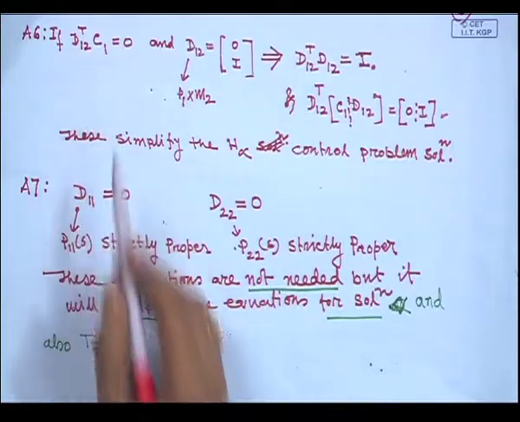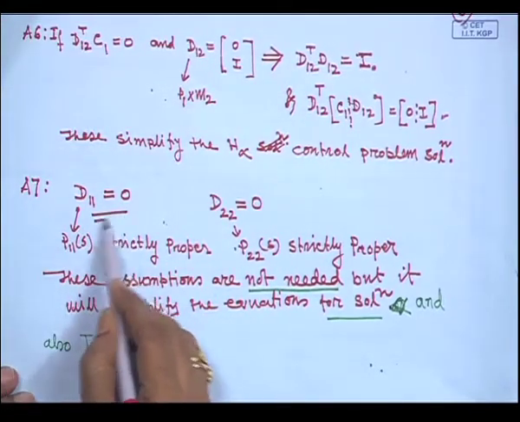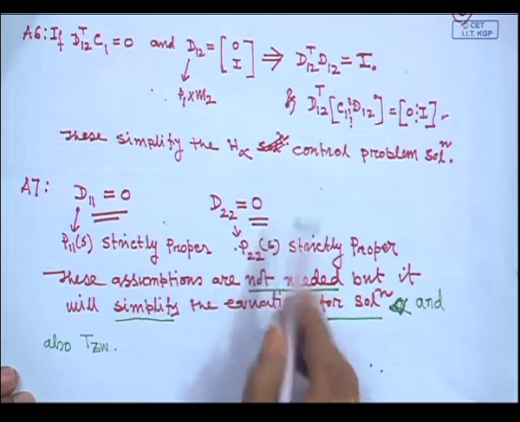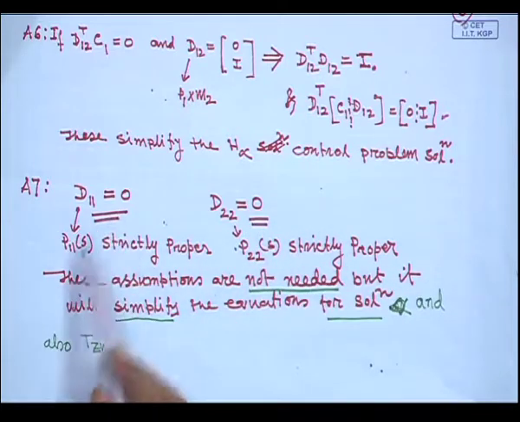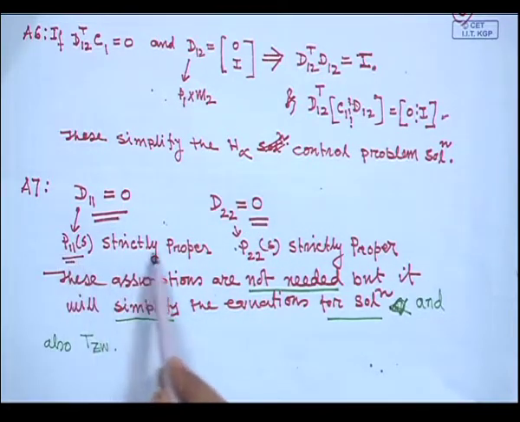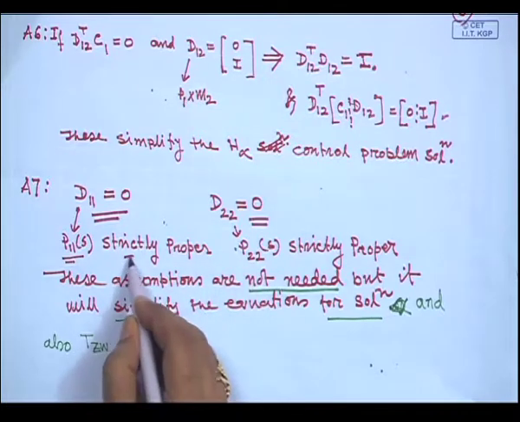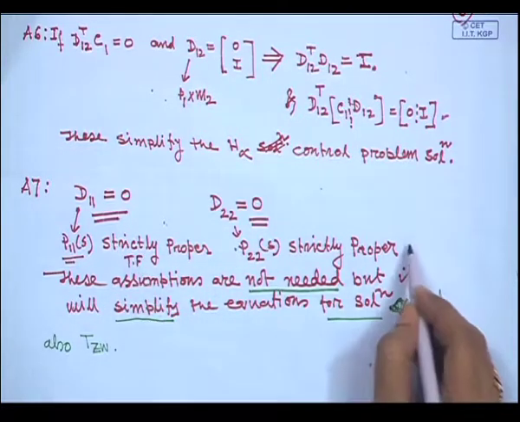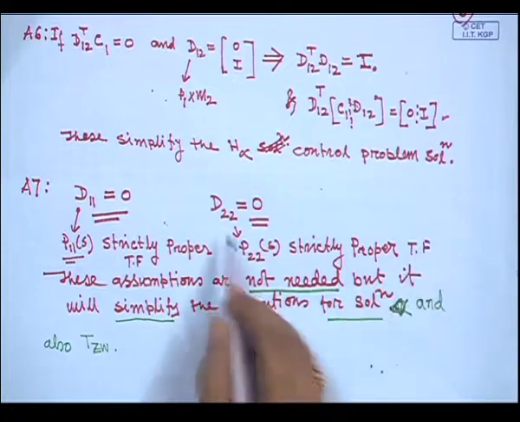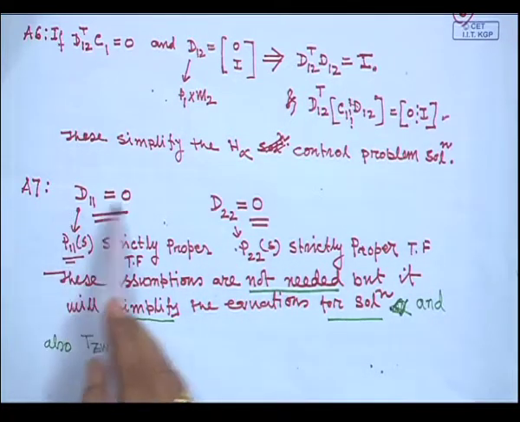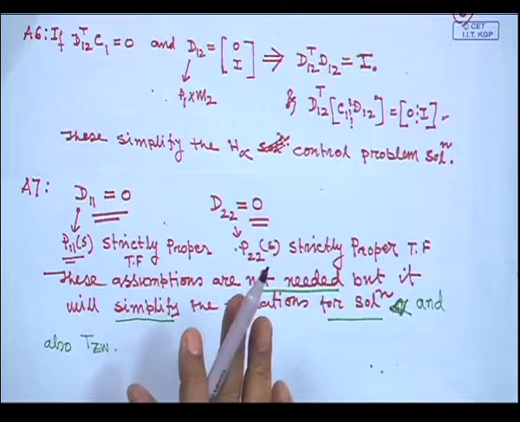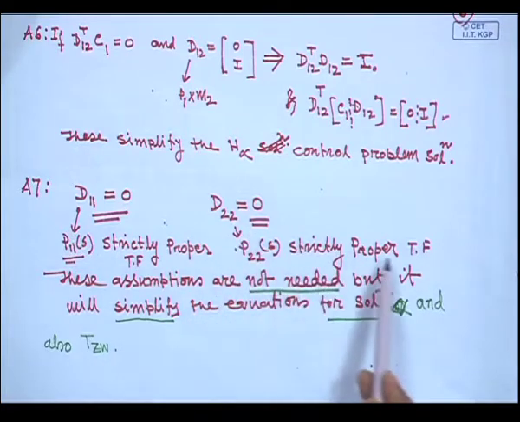So, these two assumptions, D11 is 0 and D22 is 0, are not essential, but if they are 0, P11(s) will be a strictly proper transfer function and P22 will be a strictly proper transfer function.